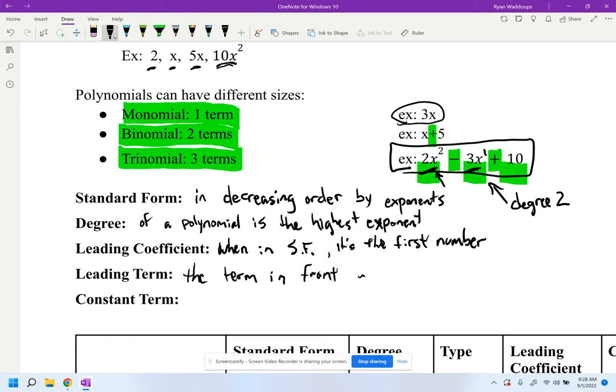The term in front, again, when in standard form. The constant term is the term with no variable.